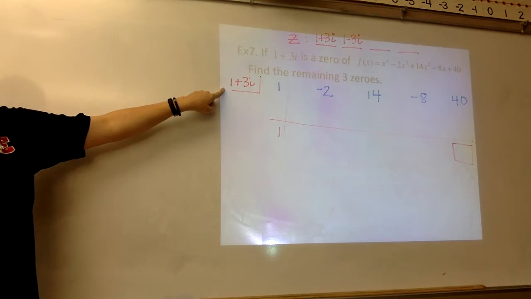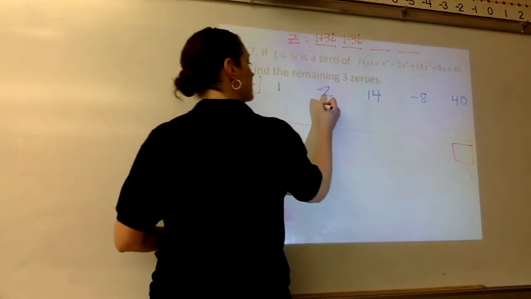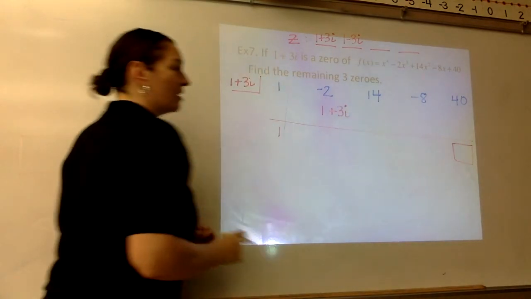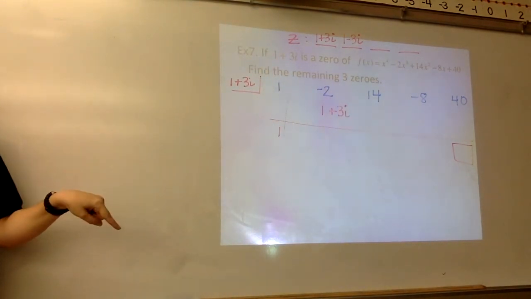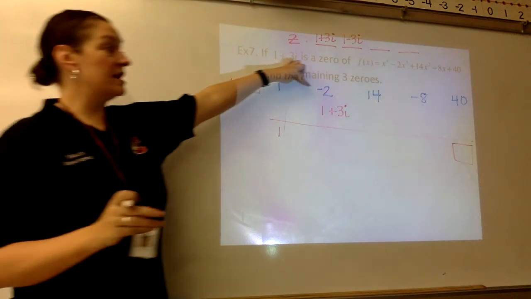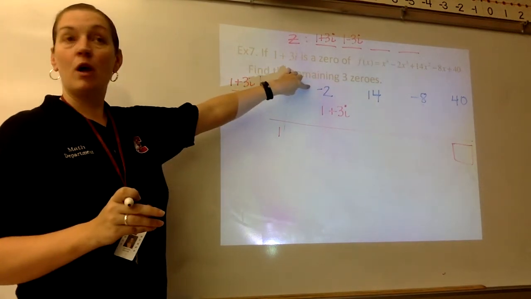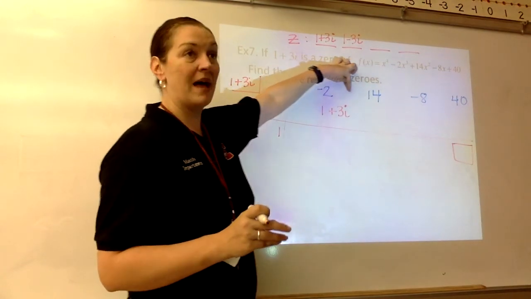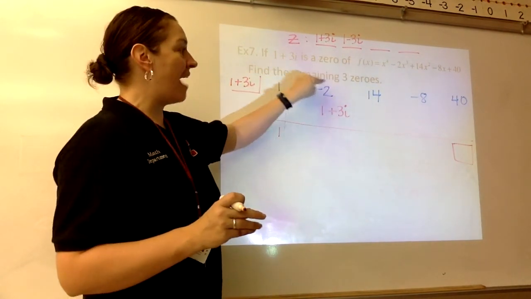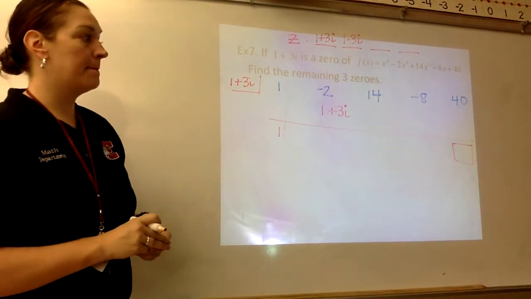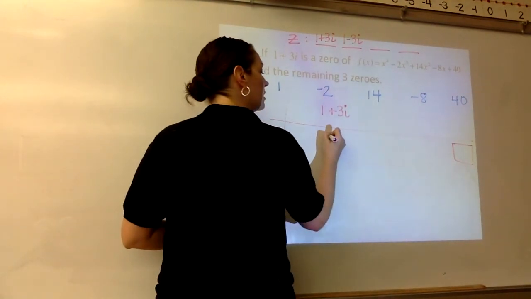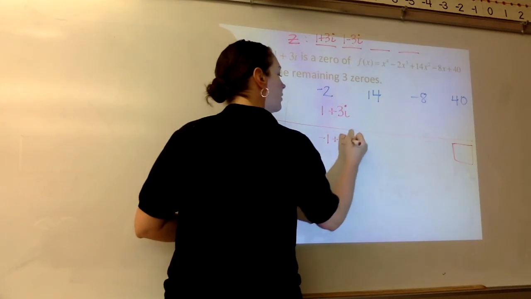What do I get? 1 plus 3i. All right, so I'm going to write 1 plus 3i. Now, if you think back to our lesson 1, I can add these together if I add the real parts. It just so happens this blue number doesn't have an imaginary part. So when I add the blue to the red, what do I get? -1 plus 3i.